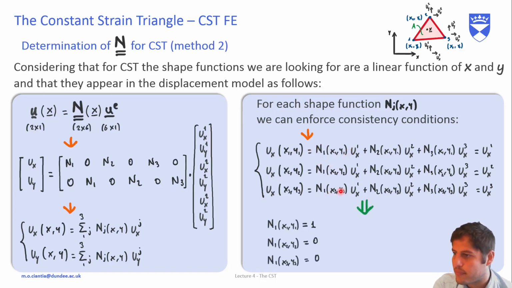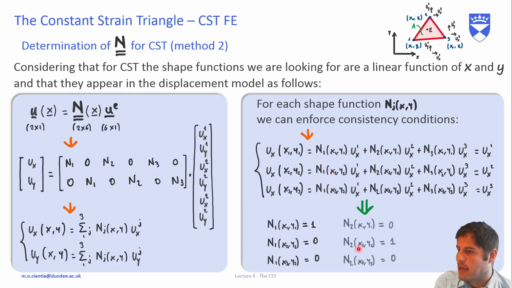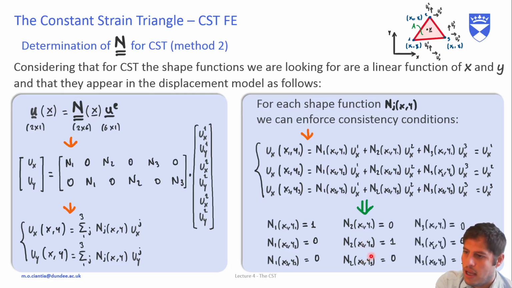In fact, N1 in the position of node 1, so x1, y1, is equal to 1 and must be equal to 0 in x2 and x3, whereas N2 is equal to 1 when we're looking at node 2, whereas it should be 0 in the other nodes. And finally, N3 should be equal to 1 when we look just at node 3, but 0 in the other nodes.